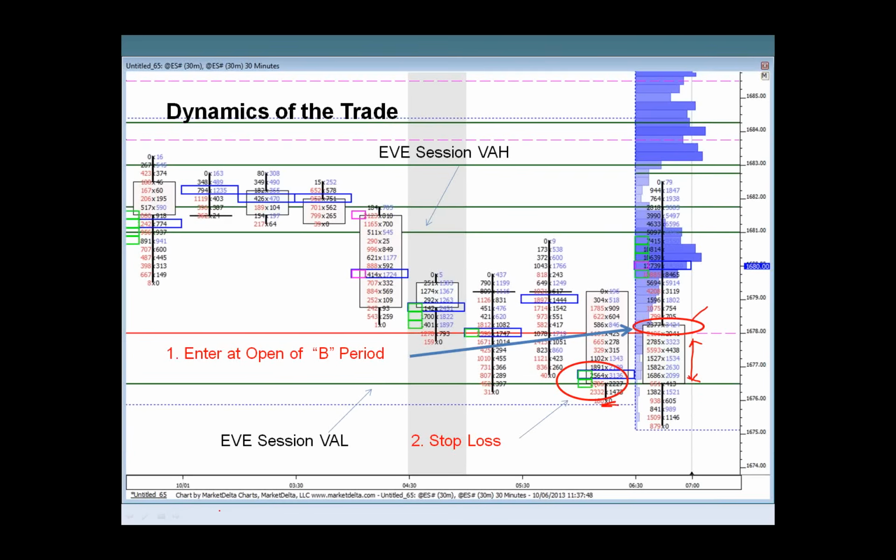So let's take a look now at our target. Well, a very easy and reliable target is our value area high. At minimum, if my hypothesis is correct, now I know my downside. Here's my exposure. Now, if I go up to the value area high, that would be my first target, and my exposure is about half.